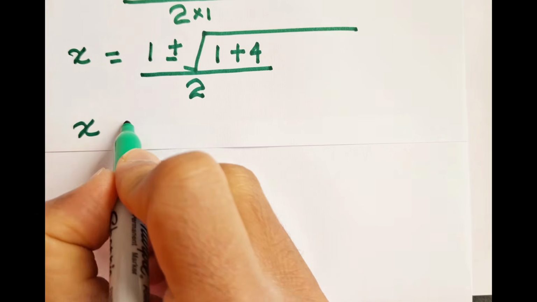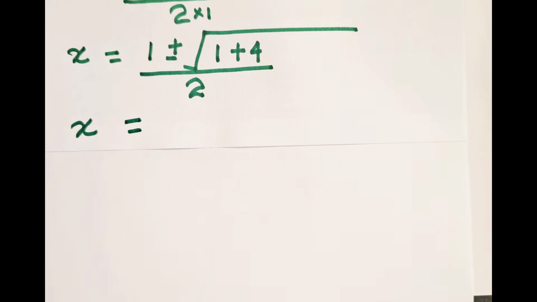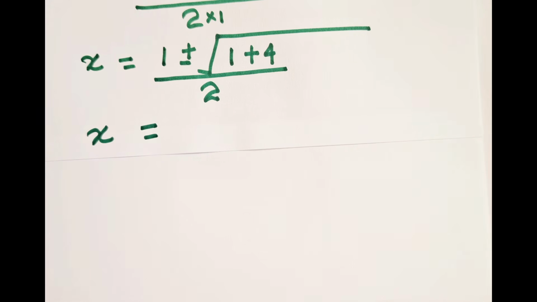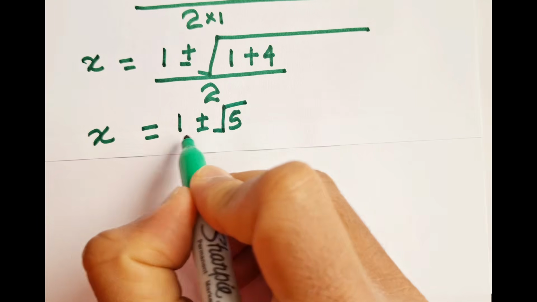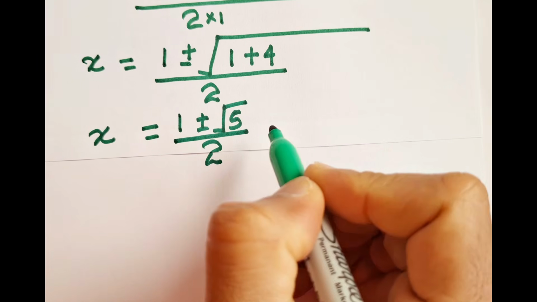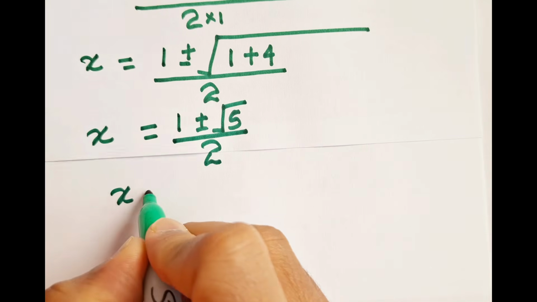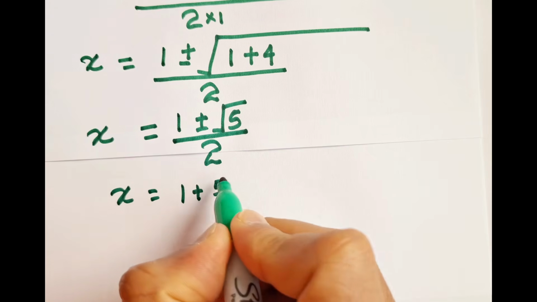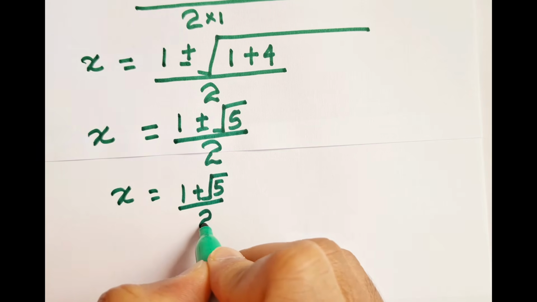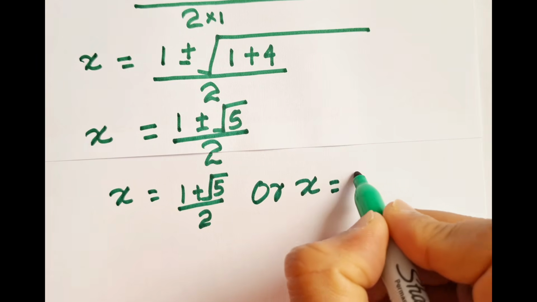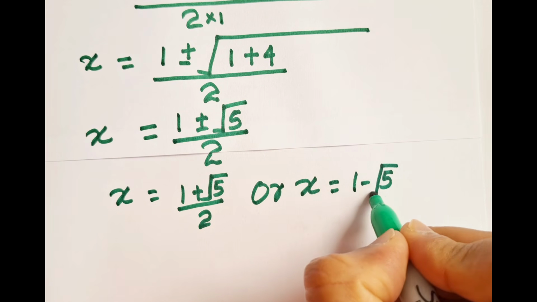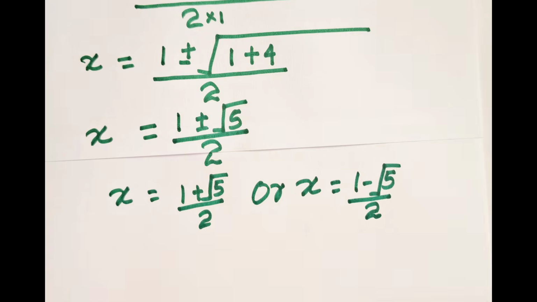Now x equals 1 plus or minus the square root of 5, since 1 plus 4 is 5, divided by 2. Here we now have two roots for x. The first one is 1 plus square root of 5 divided by 2, or 1 minus square root of 5 divided by 2.